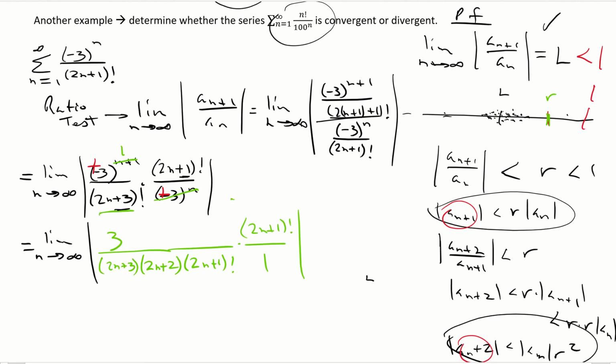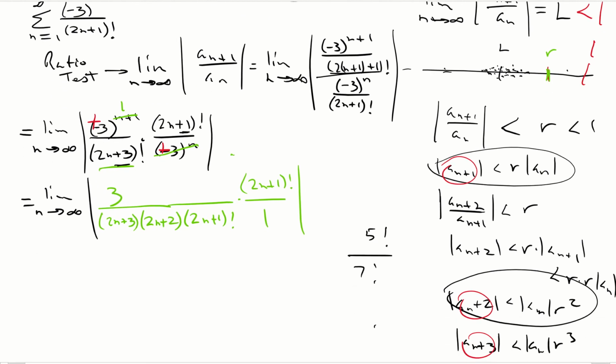So for instance, if I had 5 factorial divided by 7 factorial, well, mechanically it goes 5 times 4 times 3 times 2 times 1 all over 7 times 6 times, you guessed it, 5, 4, 3, 2, 1. So really you can write it as 5 factorial all over 7 times 6 times 5 factorial, and the best part, cancel those factorials.